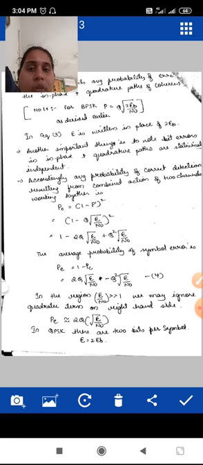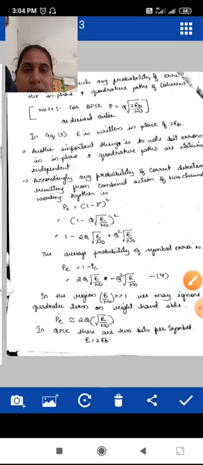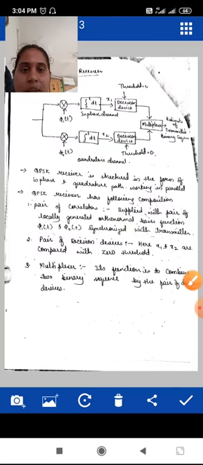Therefore, the probability of correct decision will be 1 minus P dash, the whole square. It is a square because there are 2 channels at the receiver, the in-phase channel and the quadrature phase channel.